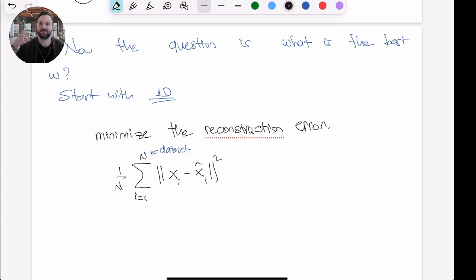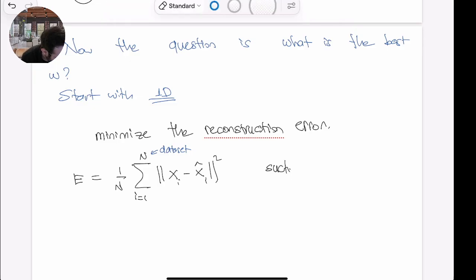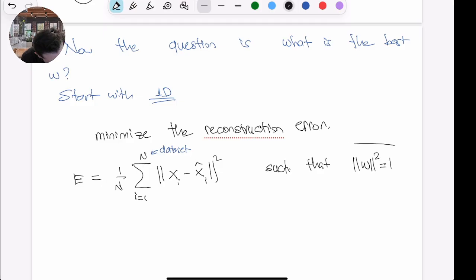It doesn't matter actually: mean absolute error, mean squared error, sum squared error, it's going to minimize the same thing because this is a constant. I would like to minimize this error, such that the reconstruction is going to come from w with w squared equal to 1.